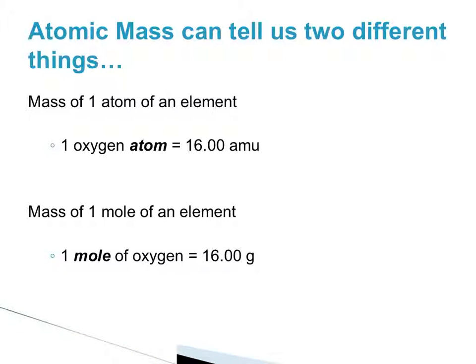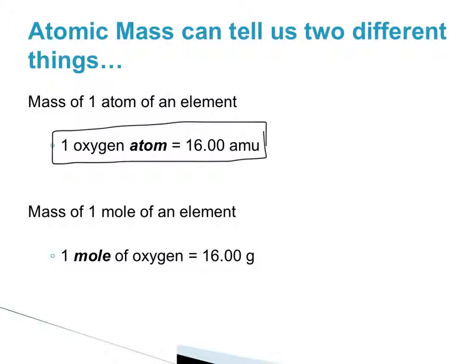If you take a look at your periodic table then, we know that our periodic table tells us the atomic mass of each of the elements. So the mass of one atom of an element, for example, one oxygen atom we know has 16.00 AMU, or average atomic mass units.